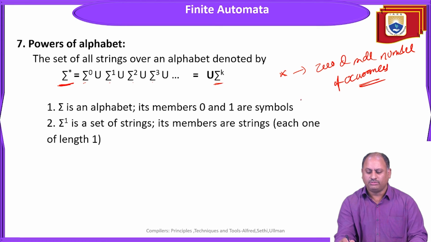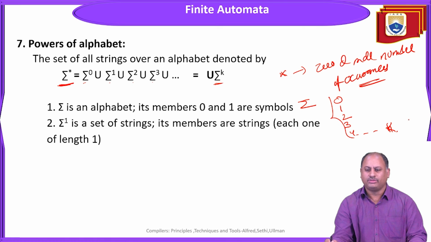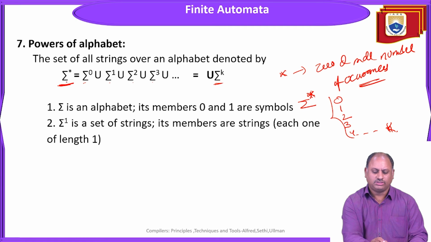That means sigma may appear either 0 times, 1 time, 2 times, 3 times, 4 times, n times or k times. So any number of times is prescribed with a notation called sigma star. So all the powers of an alphabet can be simply described with the notation sigma star.